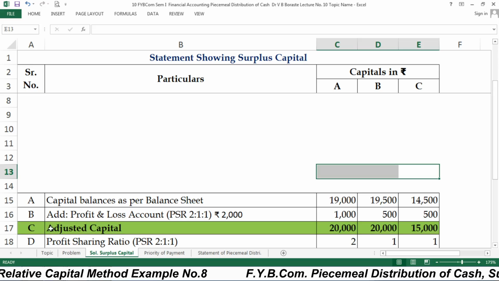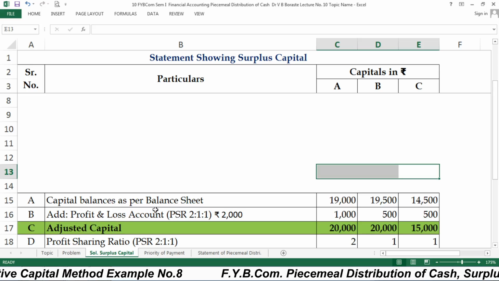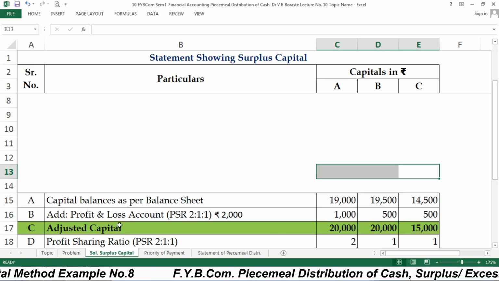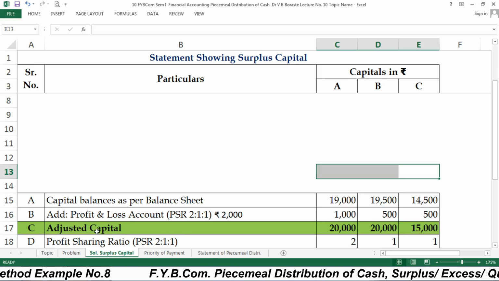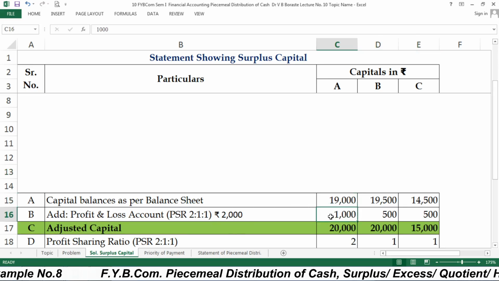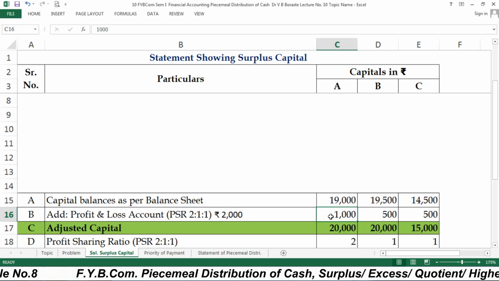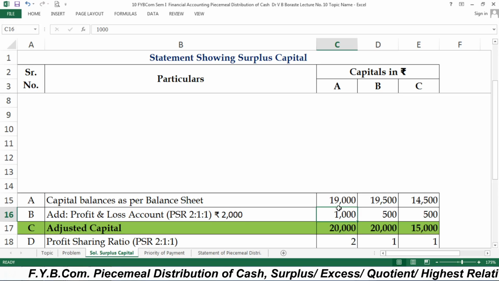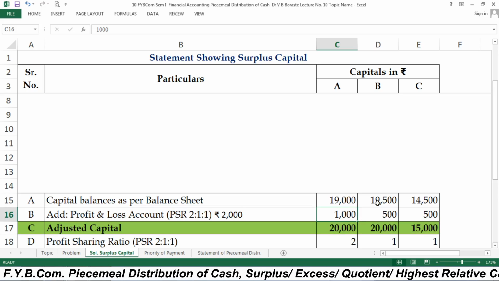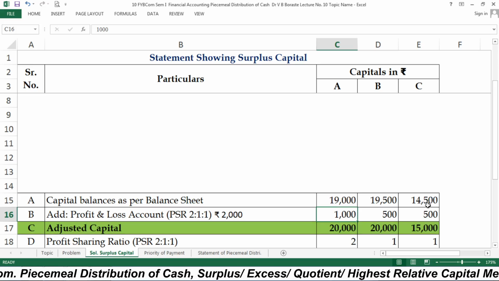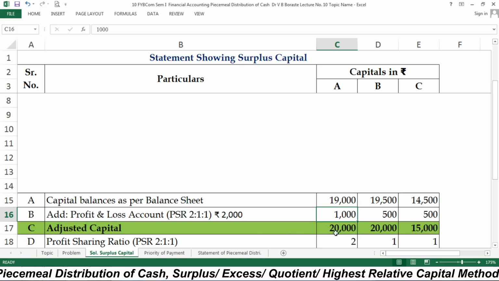So after adding the profit and loss account or general reserve or reserve fund or any kind of reserve, there is an adjusted capital. Adjusted capital is capital plus profit and loss or general reserve or reserve fund, whatever it may be. So 19,000 plus 1,000 equals 20,000, 19,500 plus 500 equals 20,000, and 14,500 plus 500 equals 15,000.